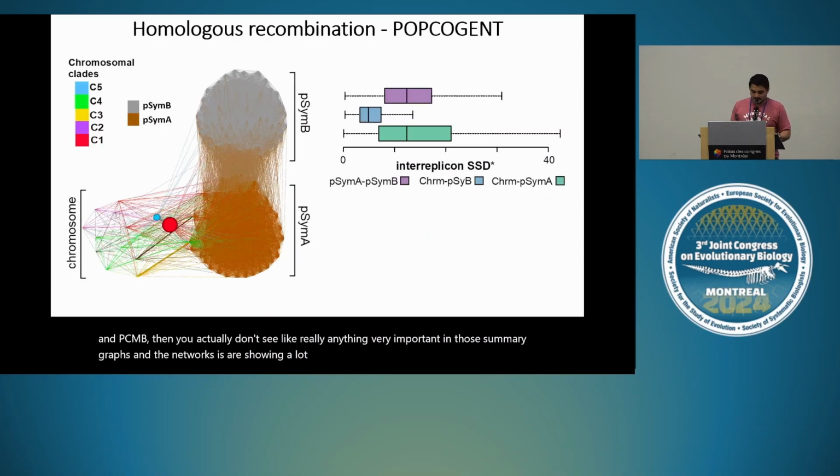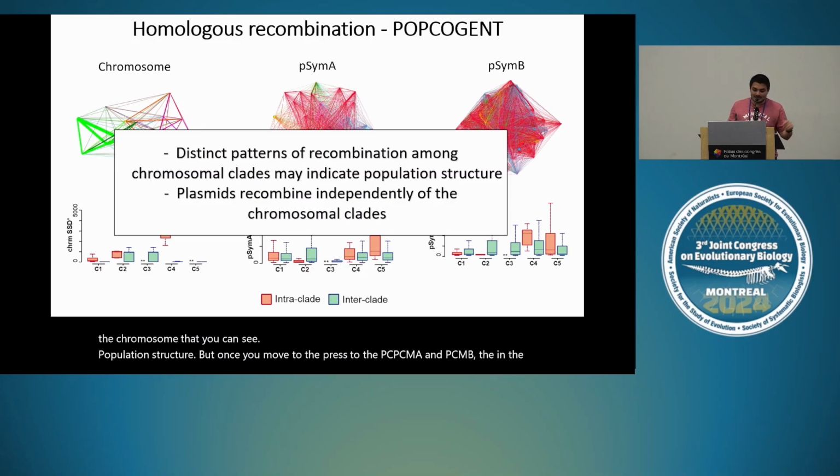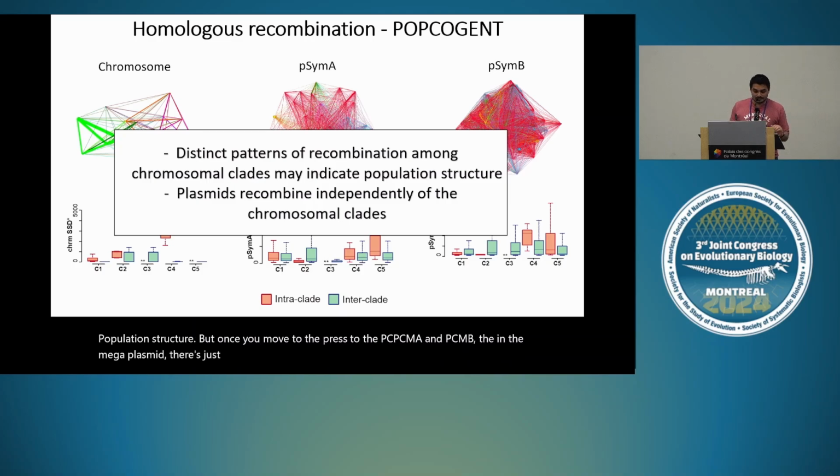So basically, if you track homologous recombination in the chromosome, you see population structure, but once you move to the PCMA and PCMB, the chromid and the megaplasmid, there's just recombination everywhere.